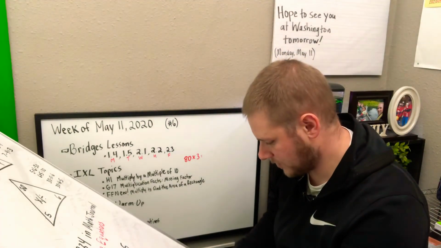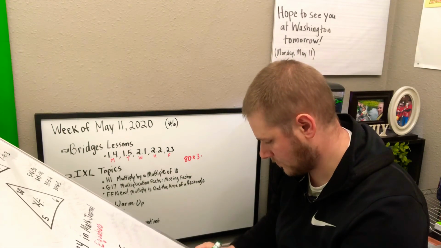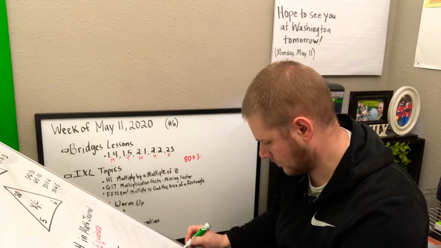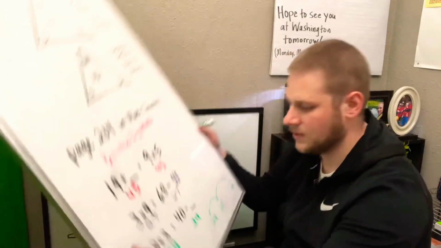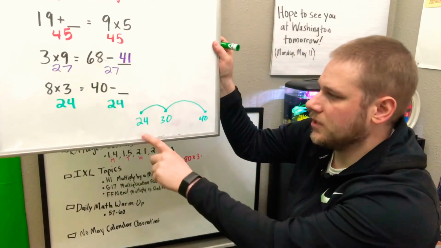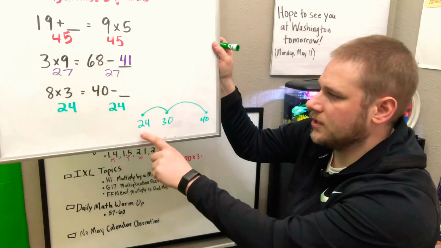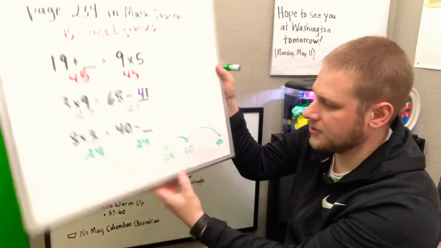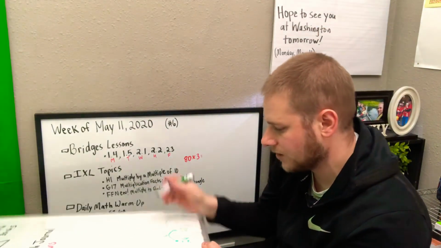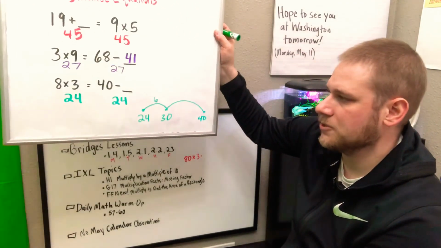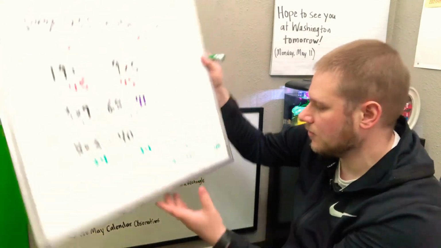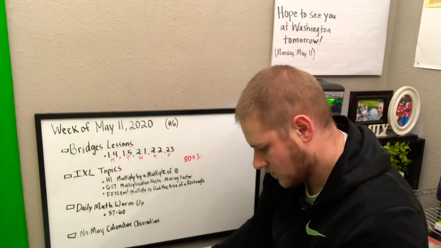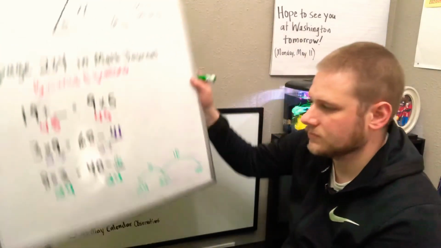I'm going to look at this one a little bit different. If you were to find the difference between 24 and 40, you might have seen this year or last year. So the difference between 24 and 30 would be 6. So 30 would be a friendly number. So you go up by 6. And then the difference between 30 and 40 would be 10.